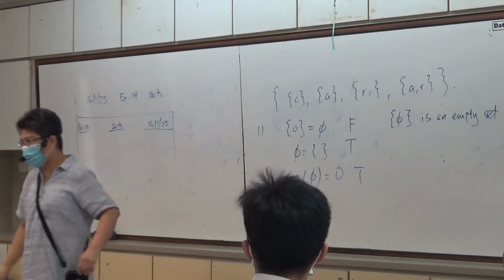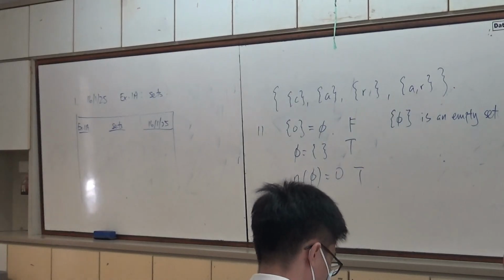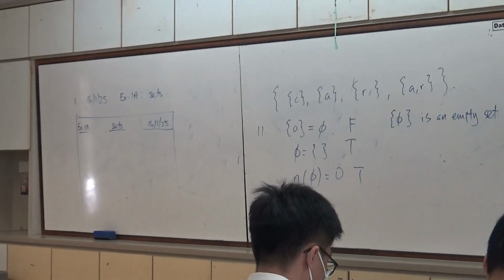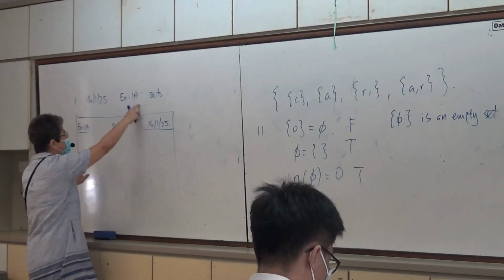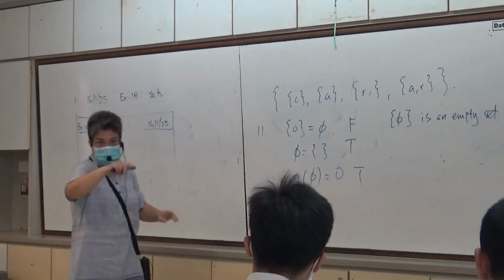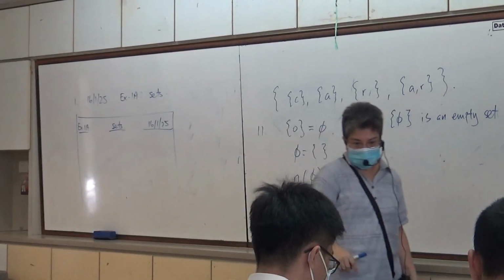All of you do it now. At the end of the lesson I'm going to correct it. Write this on the content page and write this on the foolscap paper: the title plus your name.